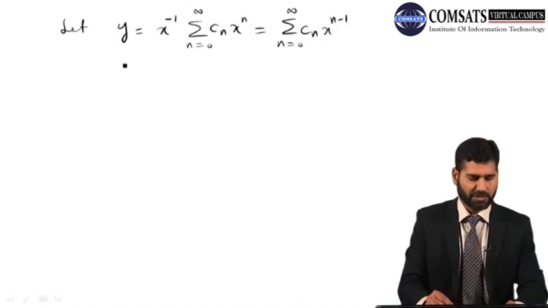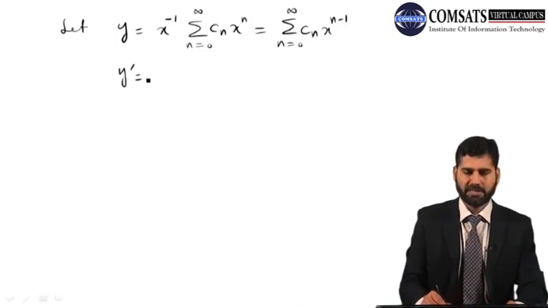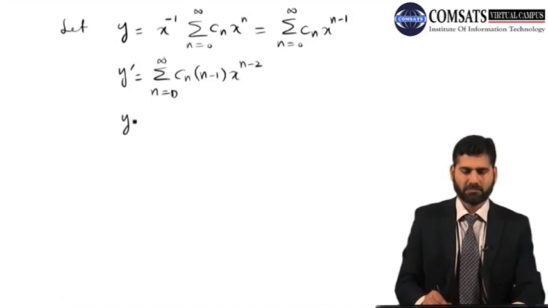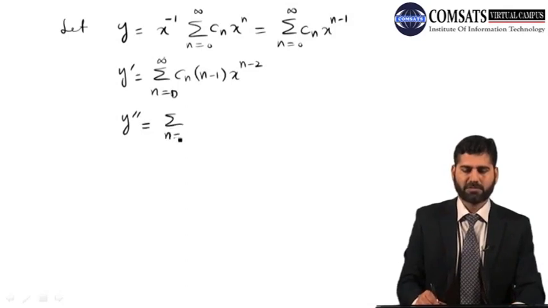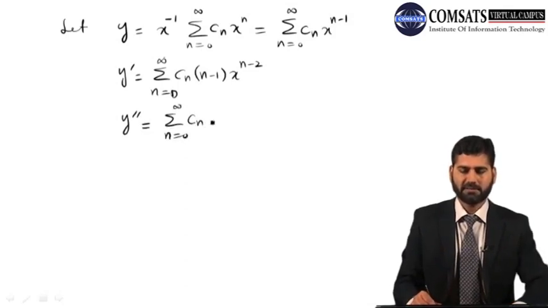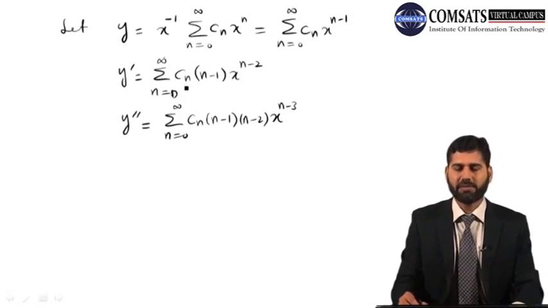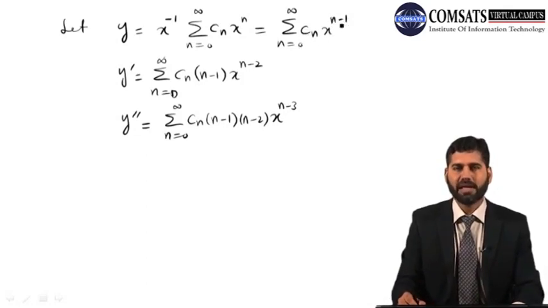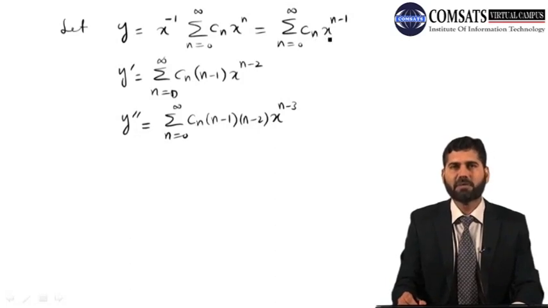And now take the two derivatives. Y prime will give you the sum over n, and y double prime will be the sum from n goes from 0 to infinity, Cn (n-1)(n-2) x^(n-3). Here I am writing again from 0 to infinity because the first term will not drop out here. You see, the first term here is c naught x to the power -1, and the derivative will be c naught x to the power -2.